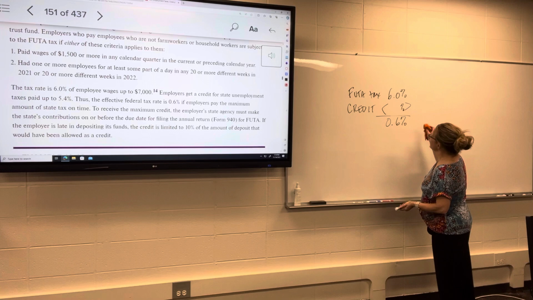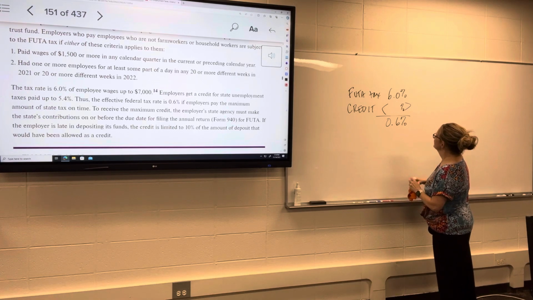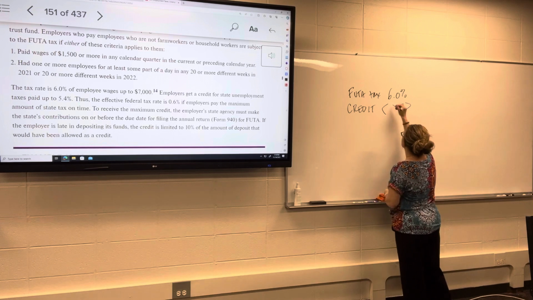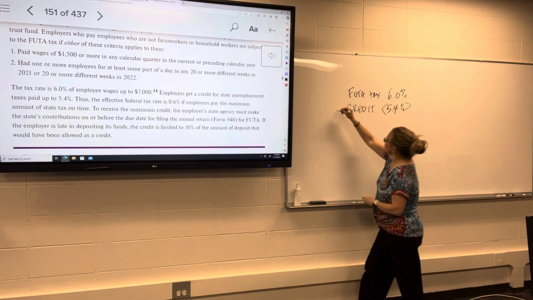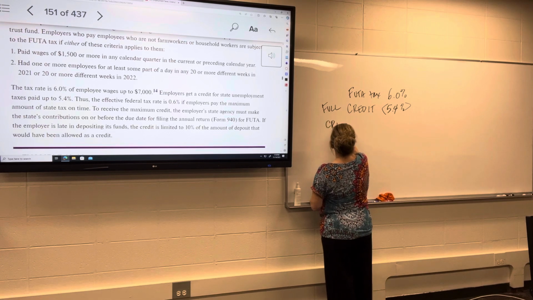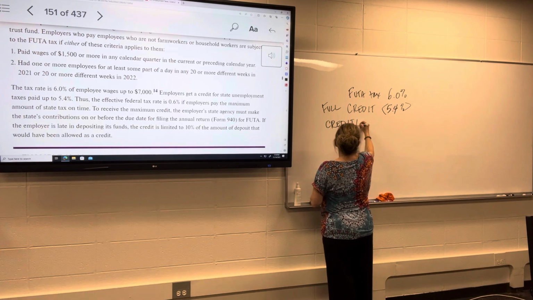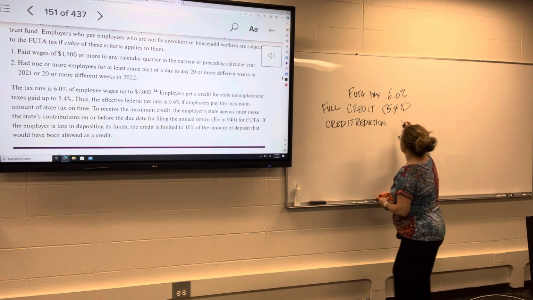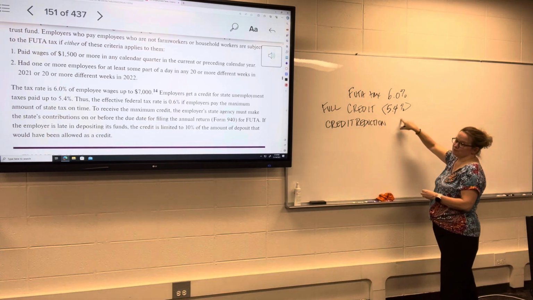So if that credit is reduced, if we have a credit reduction, we're actually going to add to the percentage rate.